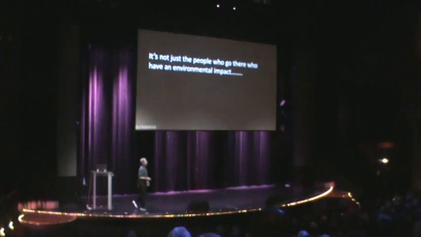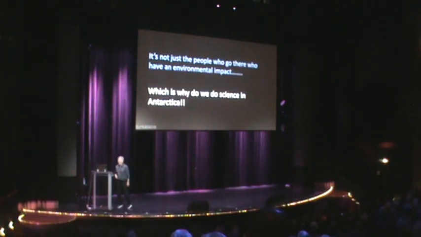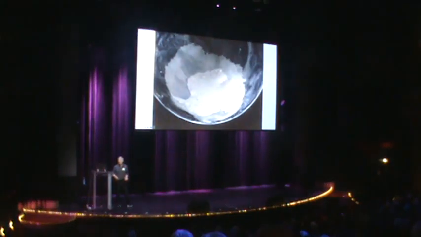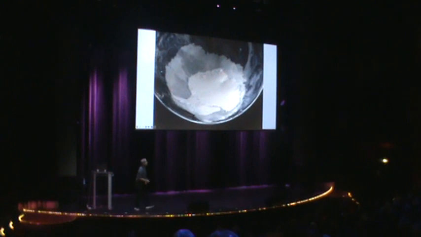The other thing I would say is it's not just people who go there who have an influence on Antarctica. And that's why we do science down there. Because in fact we all have an influence, and certainly through climate change currently, we all influence what happens in Antarctica. For example, this is a view of Antarctica in winter with the ice surrounding it, and for years scientists, and this is the value of science, have been measuring the extent of that sea ice.